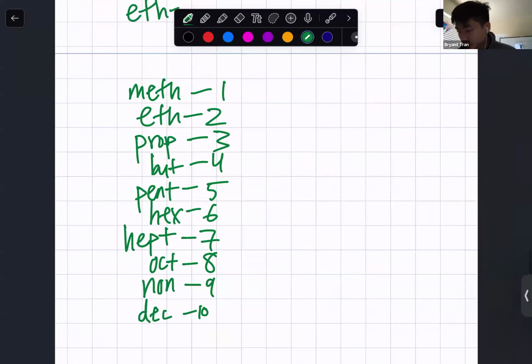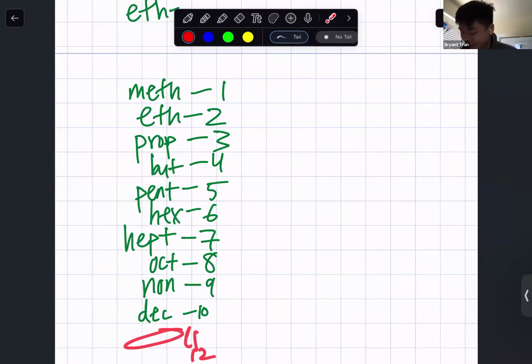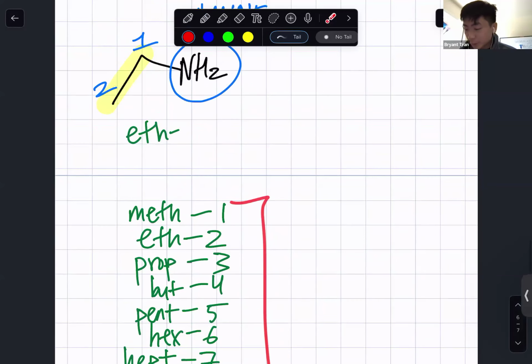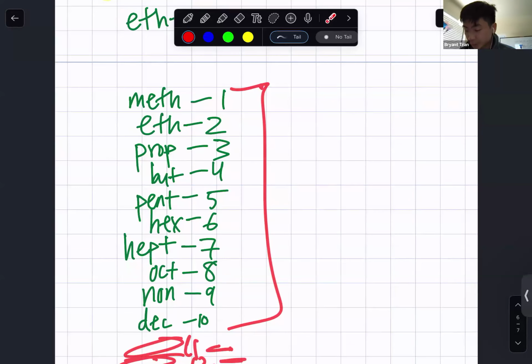Now, some classes also go through 11 and 12, but I forgot what that is. I memorized the 1 to 10 one, but some classes do test 11 and 12. So I would check your class or your professor's notes to see if your class requires you to know that as well. But know these for sure, 1 to 10, right?